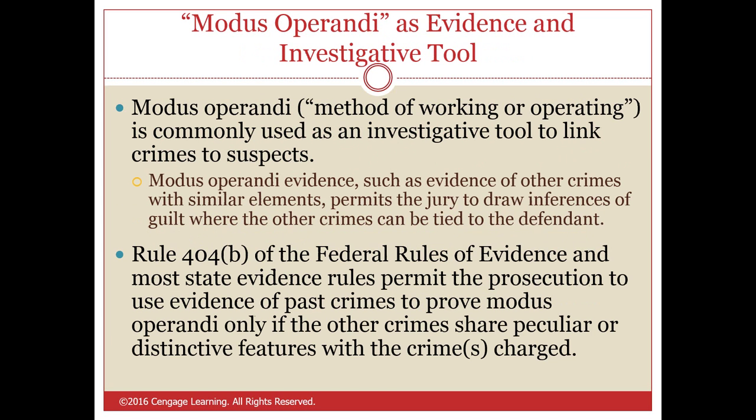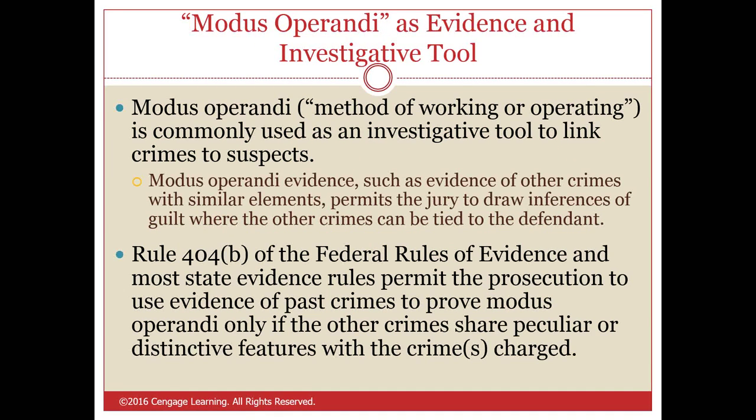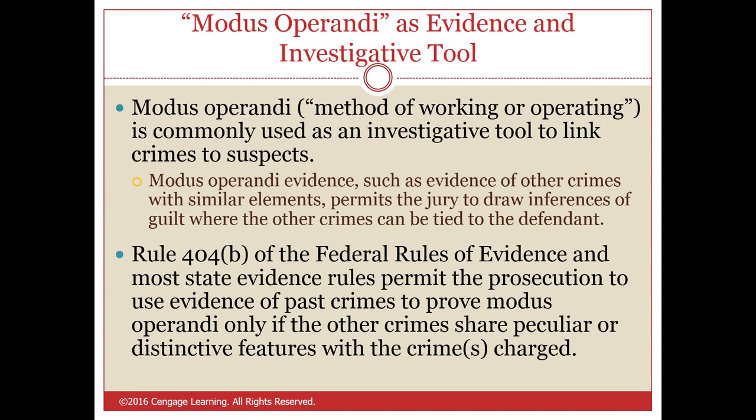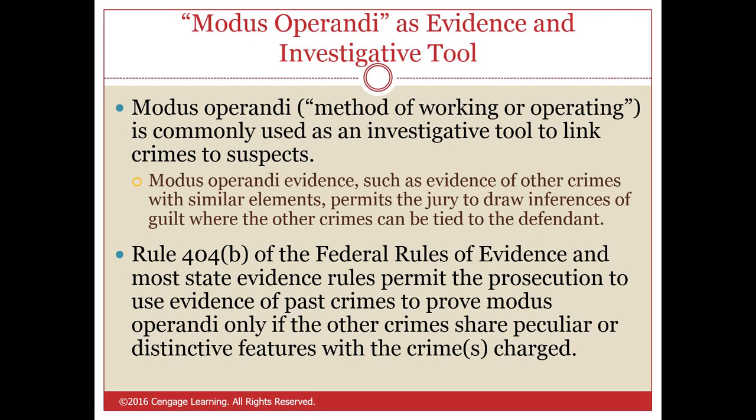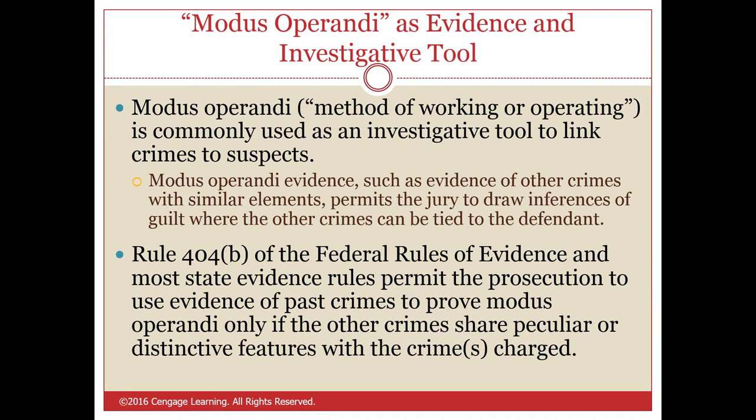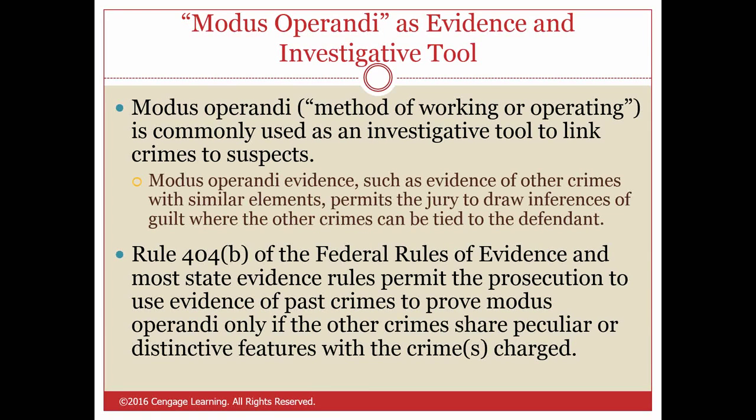Read about modus operandi, or the method of working or operating. That's how that's used as commonly as an investigative tool to link crimes to suspects. That is sometimes going to be considered circumstantial evidence, because we're asking the jury to draw some inferences of guilt where other crimes can be tied to the defendant.